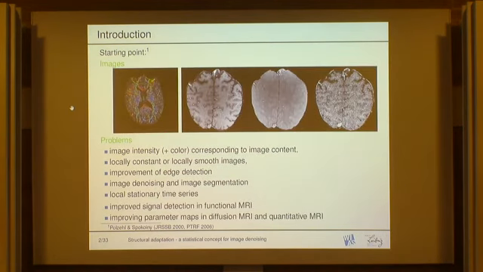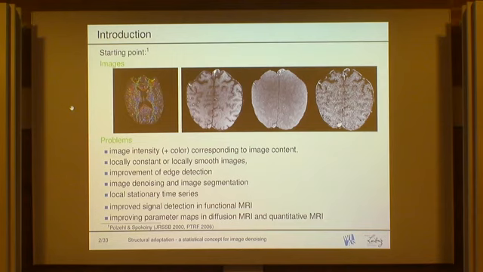Okay, starting point. So images that we are now looking at are, for instance, images in functional MR, where we try to improve signal detection in fMRI, especially improve on the description of activated regions.